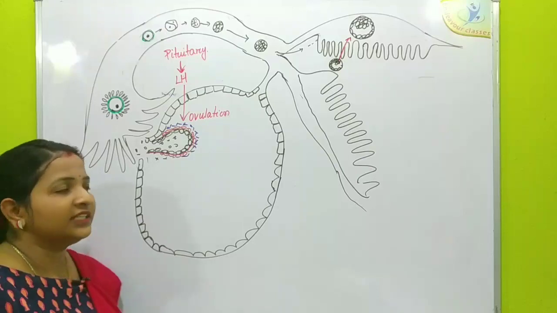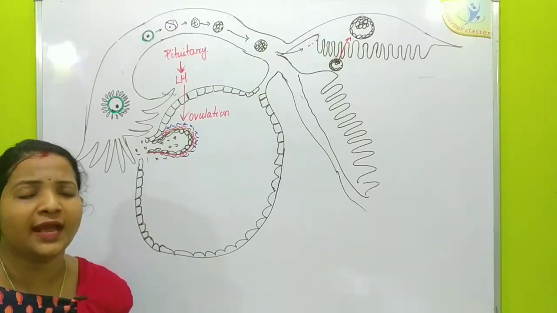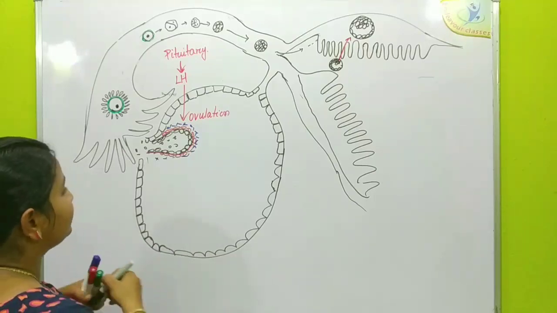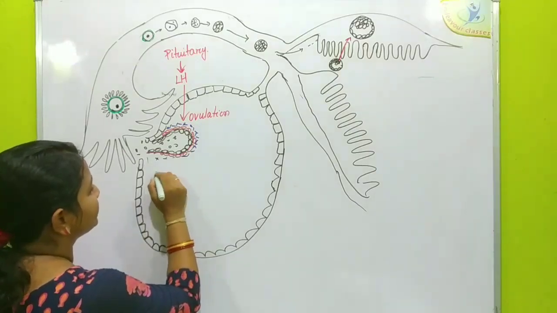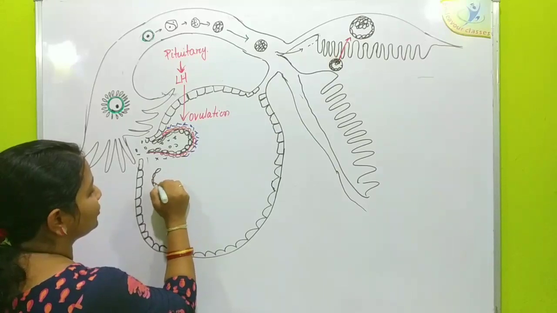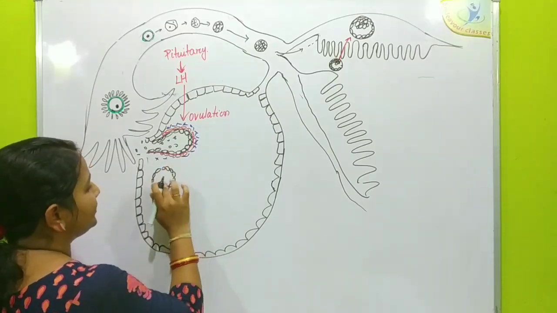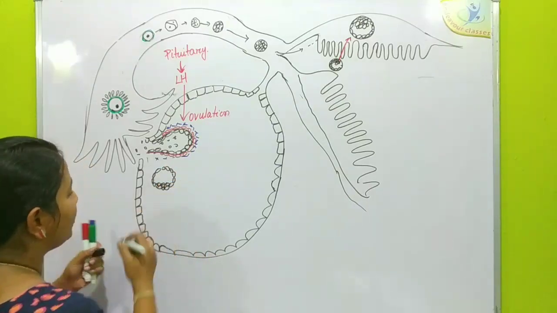So soon after releasing the secondary oocyte, what happens to the rest of the follicle? Soon after releasing it, the ruptured wall is closed and it is filled with blood.